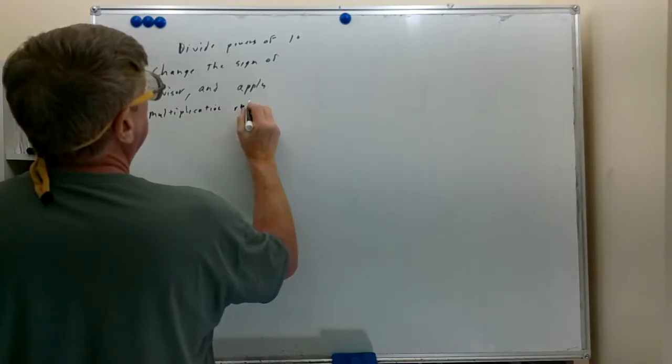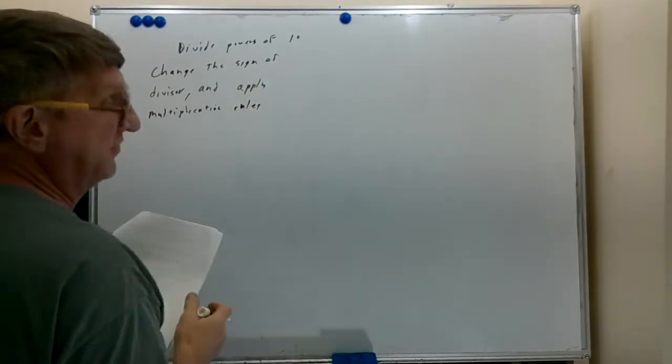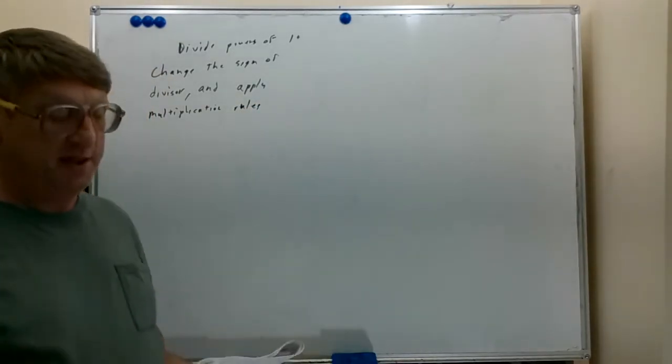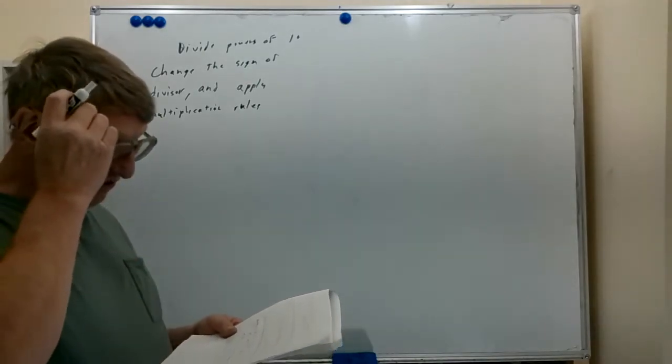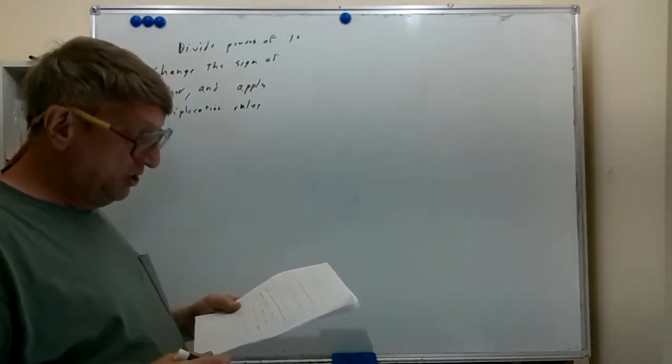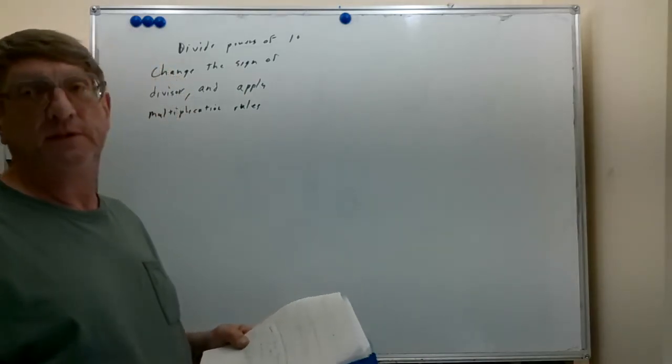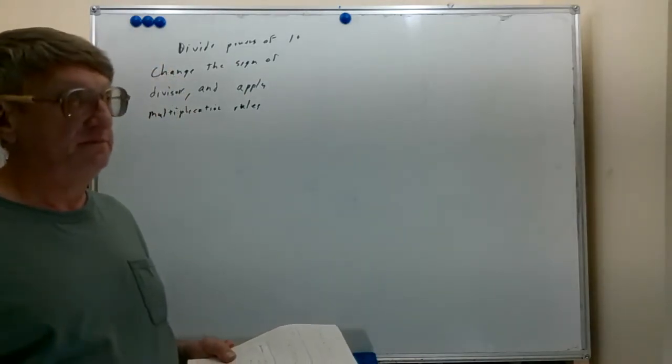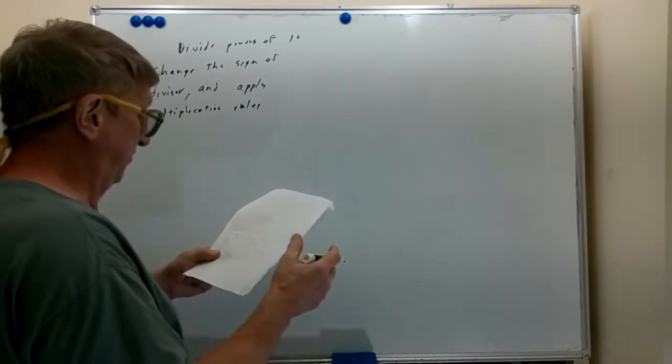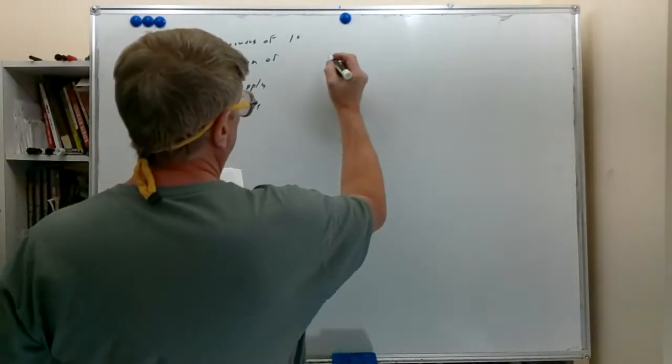So we basically convert our division problem into a multiplication problem. Then we use the multiplication rules of multiplying powers of 10.